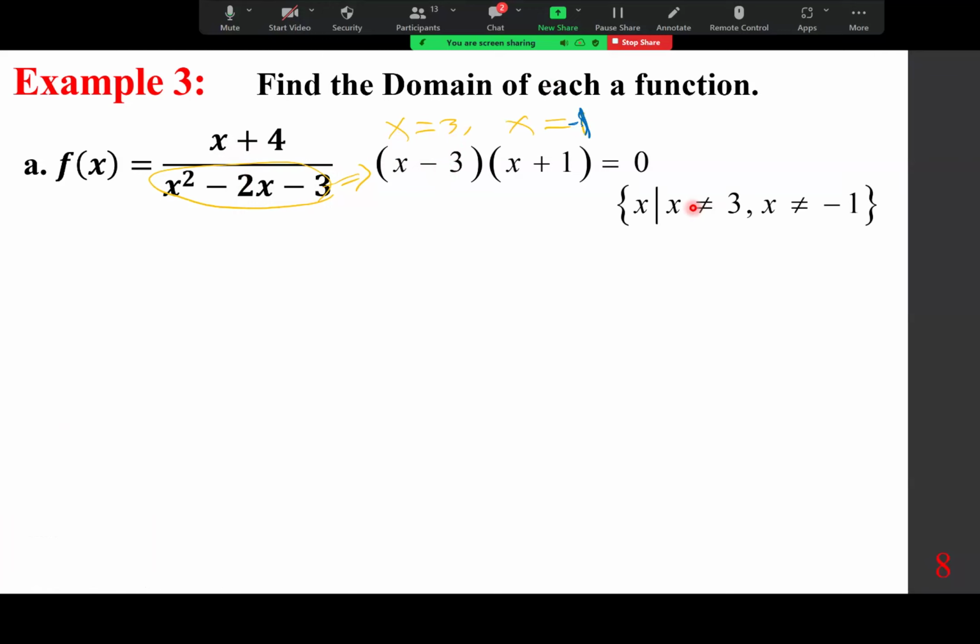You can write it in this format: x such that x is not equal to 3, x is not equal to -1. But the interval notation is written in the following manner: minus infinity comma -1, union -1 to 3, union 3 to infinity. Notice for -1 and 3, we use parentheses, which means we are excluding the endpoints -1 and 3.